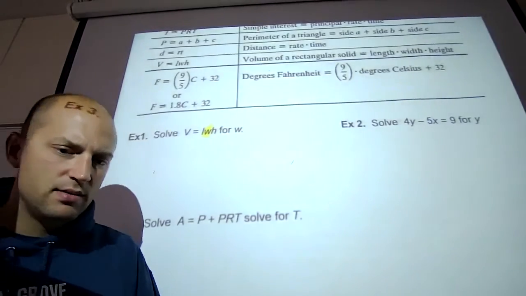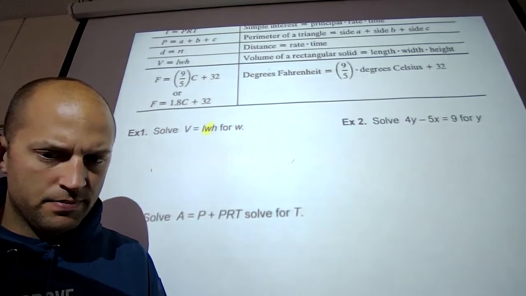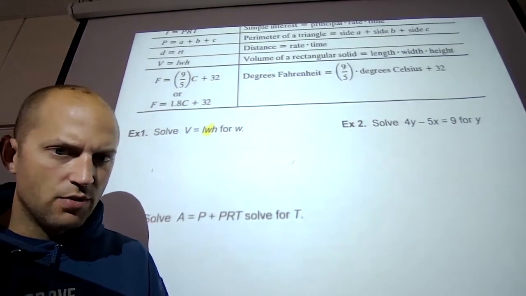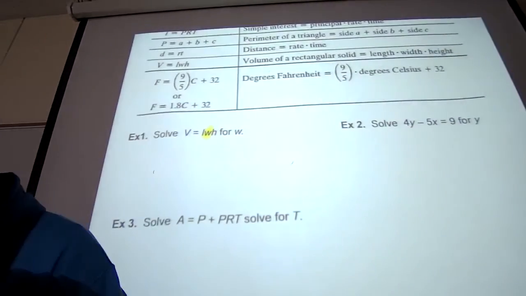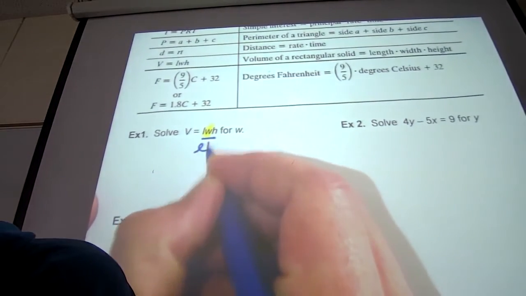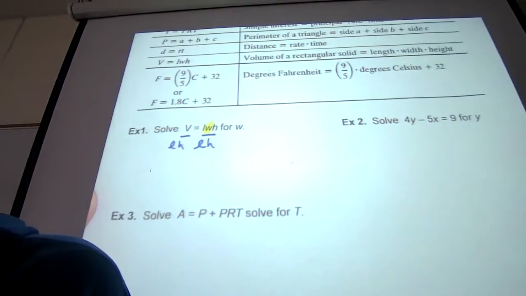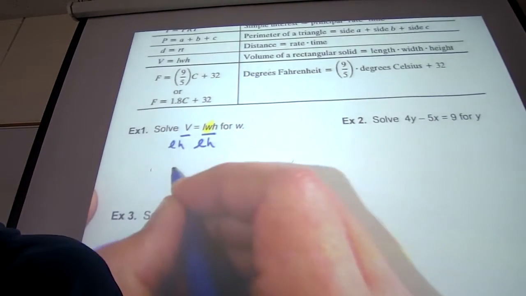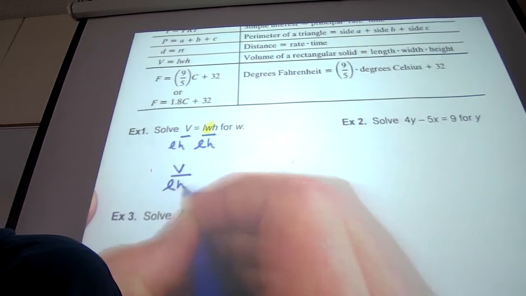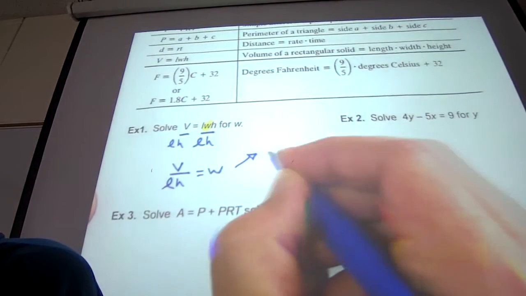What's the opposite of multiplication? What's the opposite of times? Divide. Division, divide. So we're going to divide over L and H. And if you do it to one side, you guys got to do it to the other side. So now we get V over L, that's my fancy L, guys, and H, and that equals W. I would prefer the other way around.